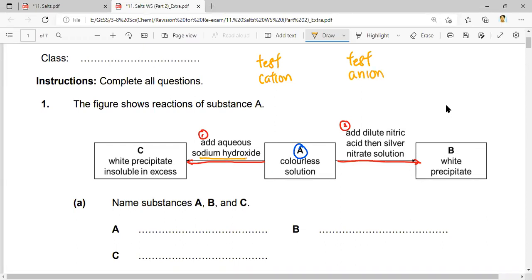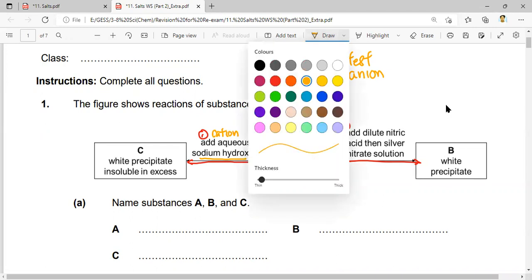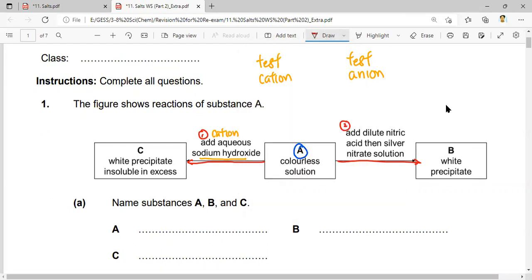Sodium hydroxide alone, if I just add aqueous sodium hydroxide, actually this is a test for cation. So once I know it's a test for cation, I will look out for the color of the precipitate and whether it's soluble or insoluble in excess.